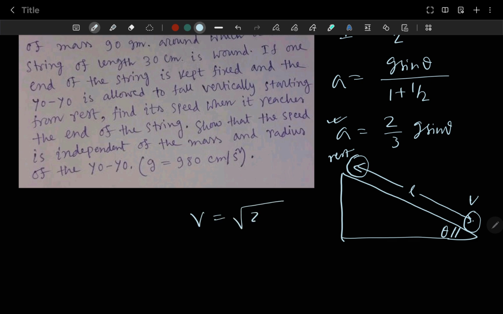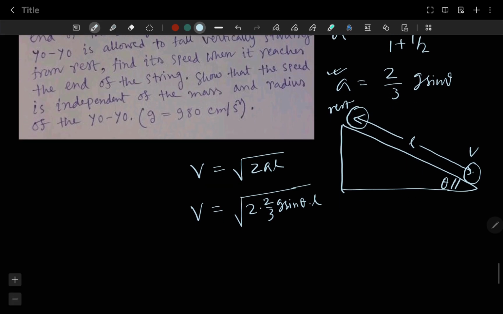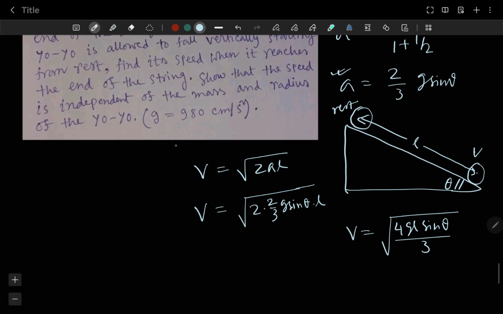It will be root of 2aL. So v will be root of 2 into 2 by 3 g sine theta into L. So it is root of 4 g L sine theta by 3. Okay. Now do the next problem.